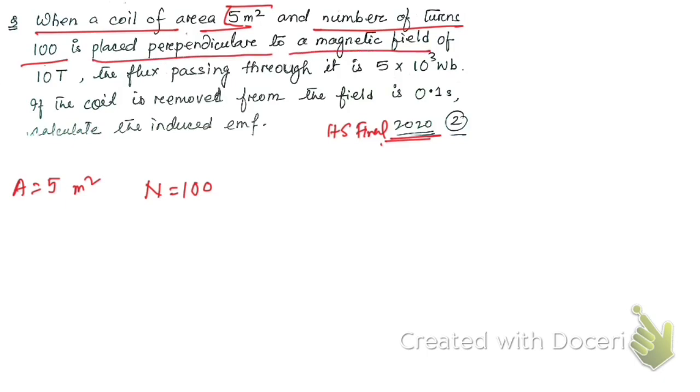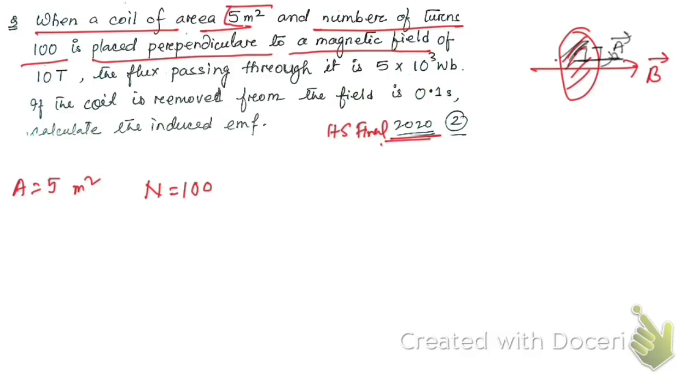Suppose this is the magnetic field, and the coil is perpendicular to it. That means the area vector of this coil is parallel to this magnetic field.